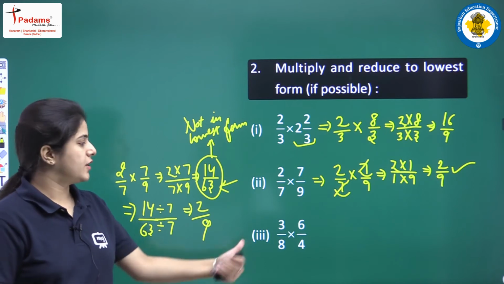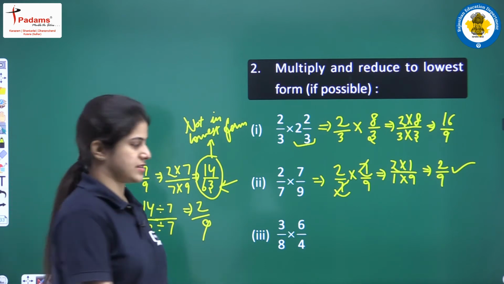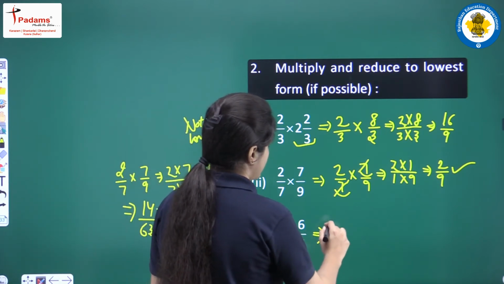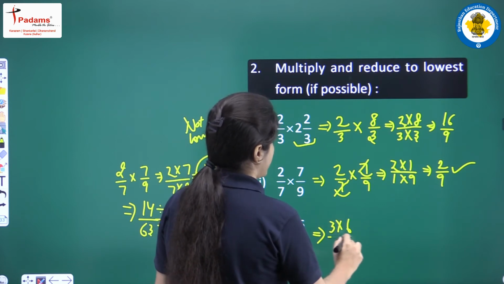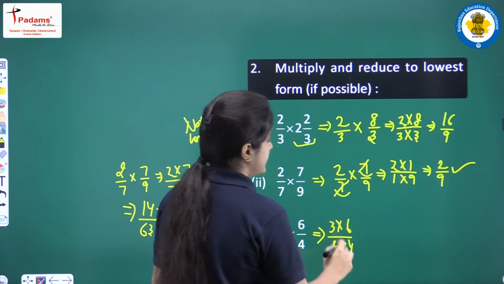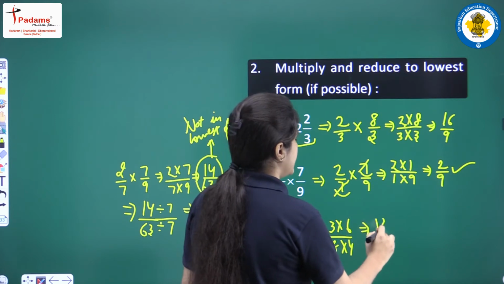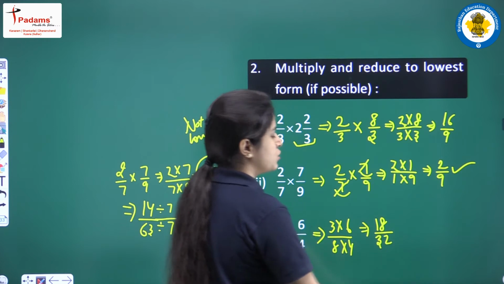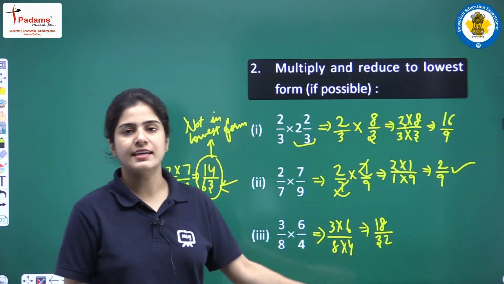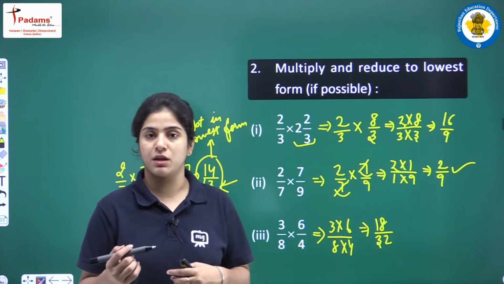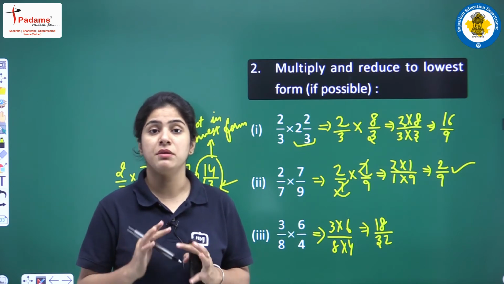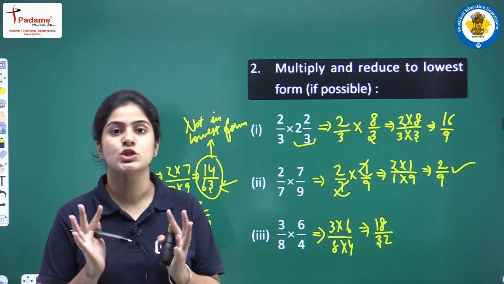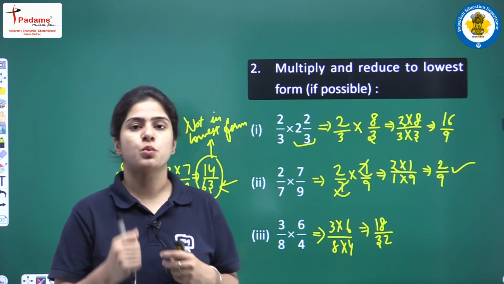Alright students, now we will be discussing the next question. What is it? 3 into 6 upon 8 into 4. 3 into 6 is equal to 18 and 8 into 4 is equal to 32. Firstly, you can clearly see they both are even numbers, the numerator and denominator. It clearly indicates that it is not in the lowest form. So what will you do?